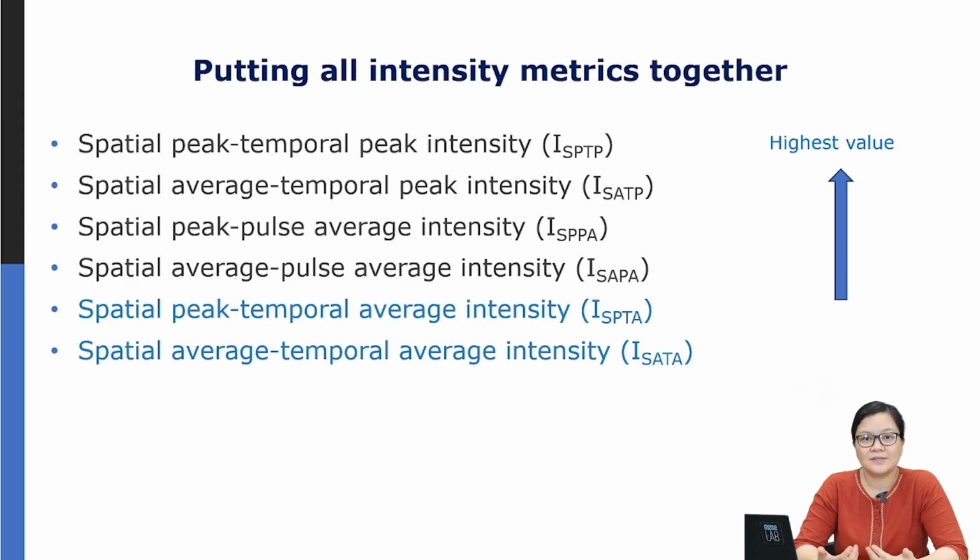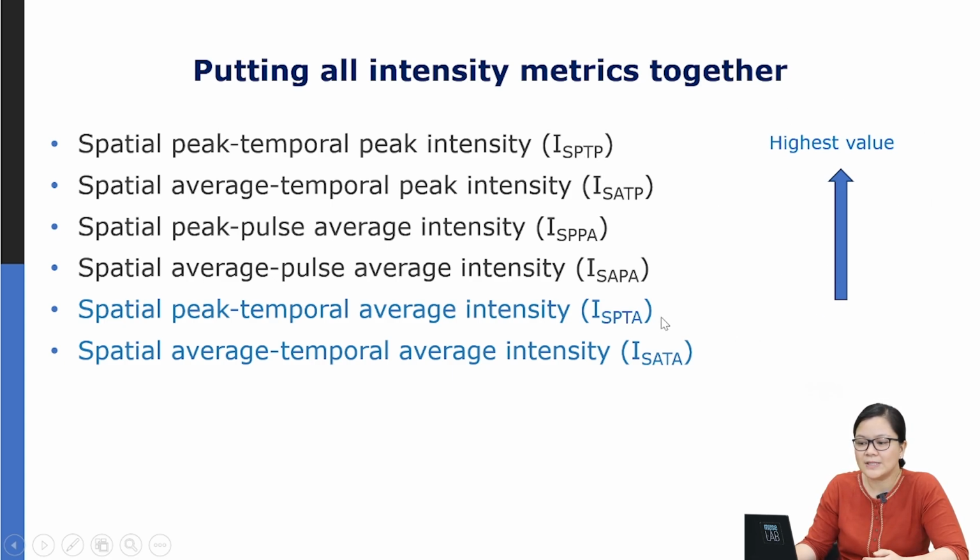There are two parameters that are widely used in ultrasound, namely the spatial peak, temporal average intensity, or ISPTA, and the spatial average, temporal average intensity, ISATA. As we average the intensity spatially and along the pulse, you can see that the value of the intensities decreases. So our spatial peak, temporal peak has the highest value.